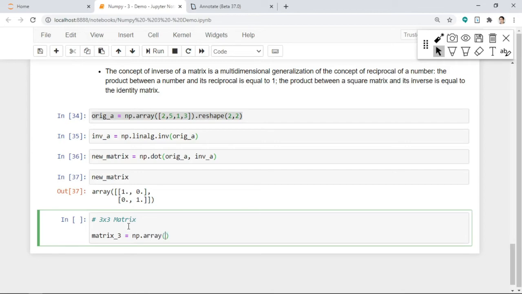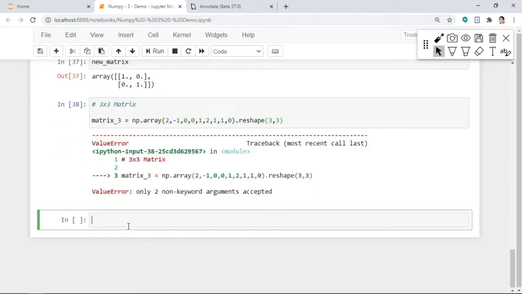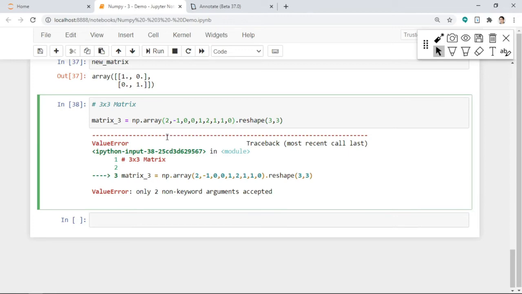So for example, we have this example: 2, -1, 0, 0, 1, 2, 1, 1, and 0. Then we reshape this one to 3 by 3. Non-keyword argument. So again, I always forget the square brackets here.